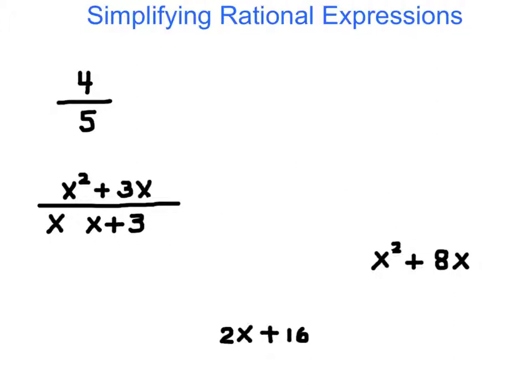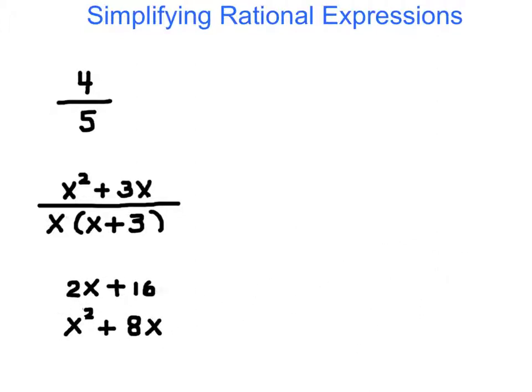And I better put parentheses around this x plus 3. And our last expression will be 2x plus 16 over x squared plus 8. So now, by making a ratio of two polynomials, I have created 3 rational expressions.